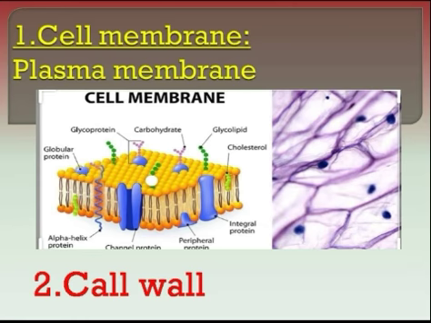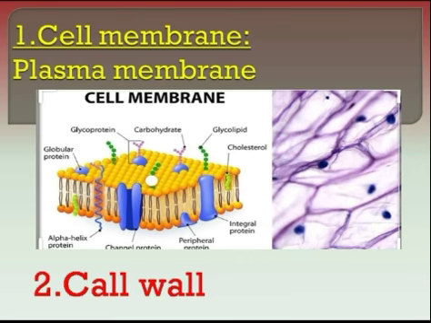So now add a few drops of saturated solution on the portion of the Rhoeo leaf layer. And what is the result after this experiment? The cells of the leaf shrink, the cytoplasm along with the cell membrane. The cell membrane becomes separated from the cell wall.